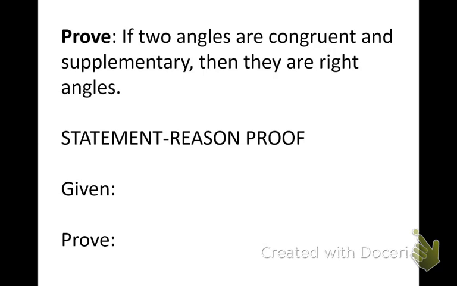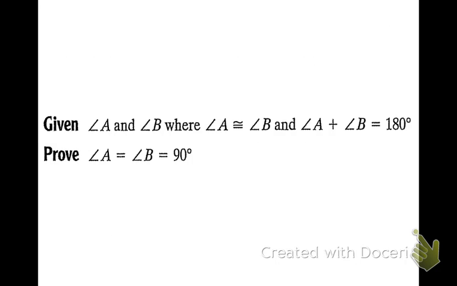In this statement and reason proof, we're given angle A and angle B, where A is congruent to B, and A plus B equals 180. That's taken from the if part, if 2 angles are congruent and supplementary. We're applying it to A and B. Then we're going to prove that A and B both equal 90 degrees.